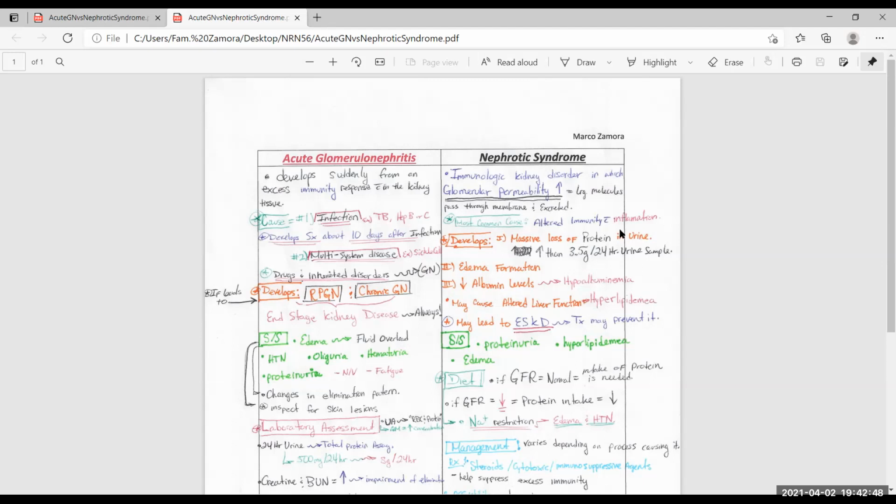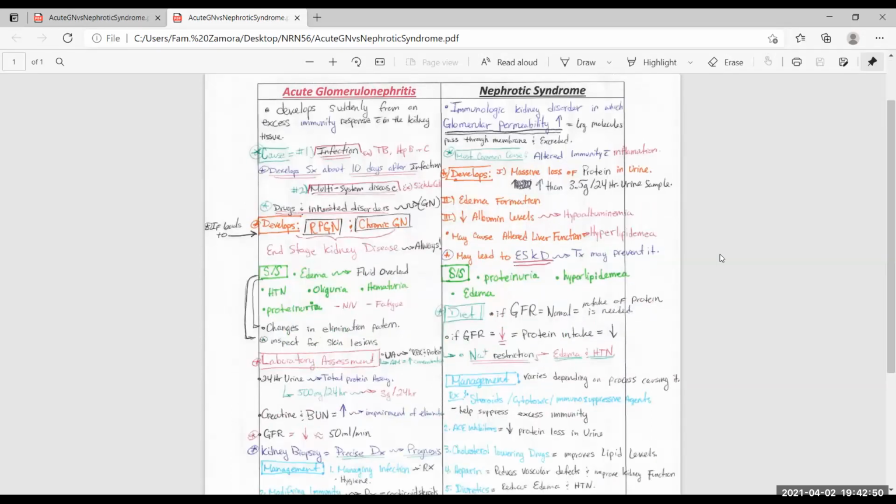So now Iggy kind of focused a bit on the diet. If GFR is normal, we're going to continue to maintain adequate protein, if needed. If the GFR is decreased, then we should decrease protein intake, and then obviously restrict sodium.